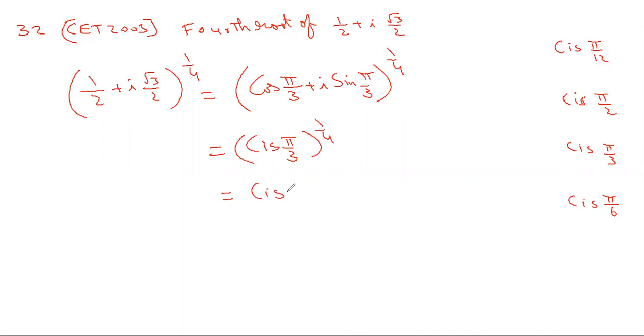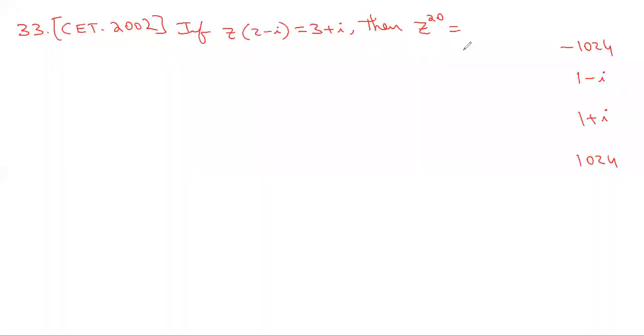So cis pi by 12, since pi by 3 into 1 by 4 is pi by 12. So the answer is the first option. Again, it's based on de Moivre's theorem, when you need to find higher powers or rational powers like power 1 by 4, higher order roots.